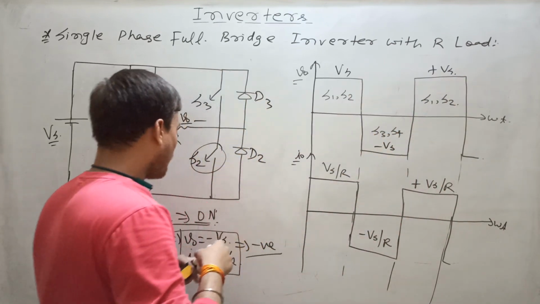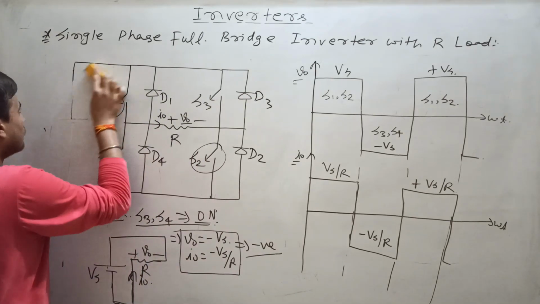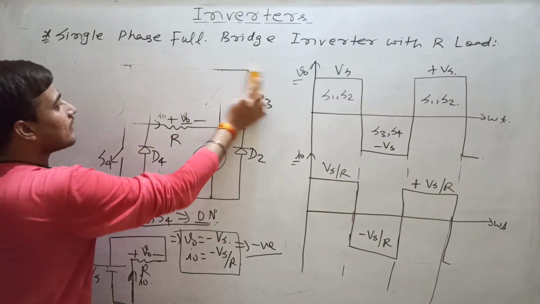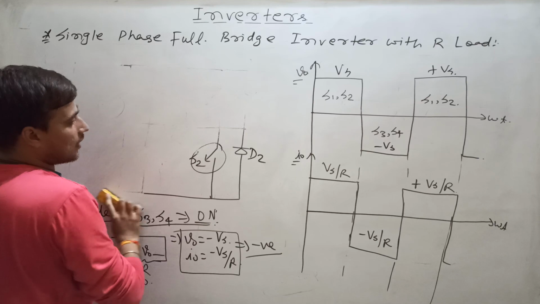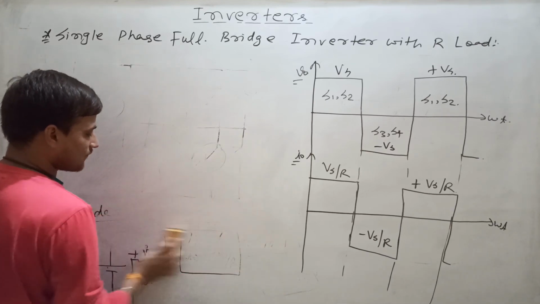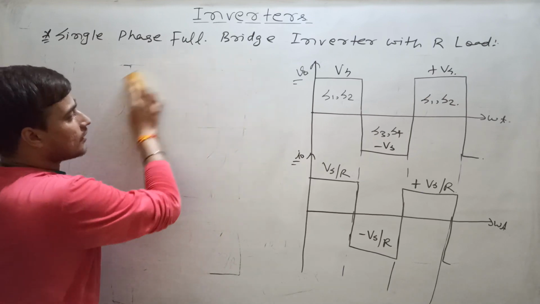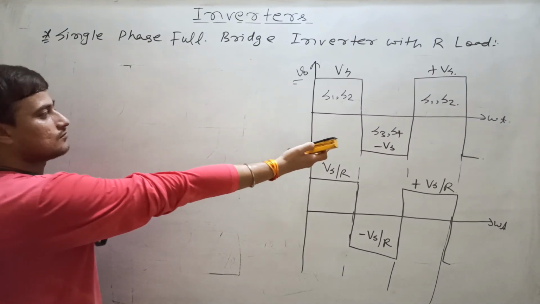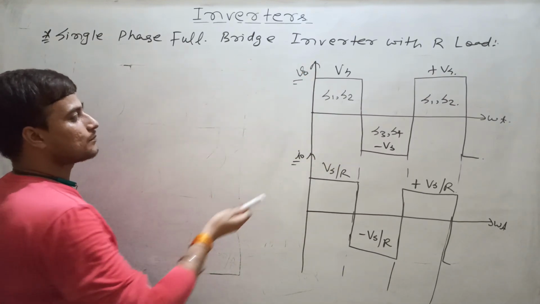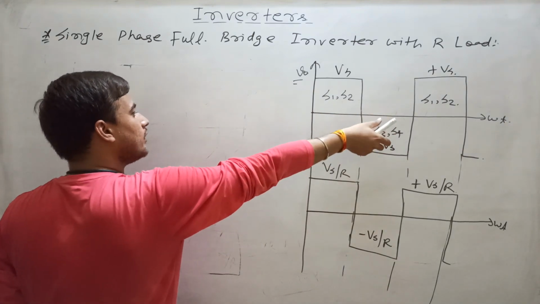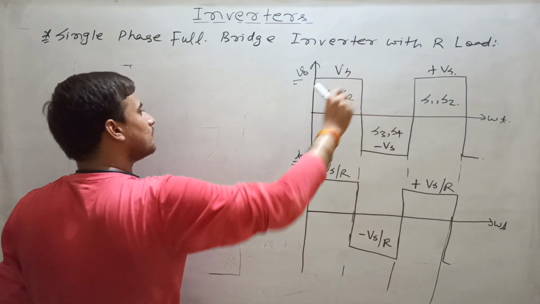Now what will be the value of RMS voltage? Write the RMS value of output voltage. Again, it is a square waveform; the negative pulse, when squared, will come in the positive direction.